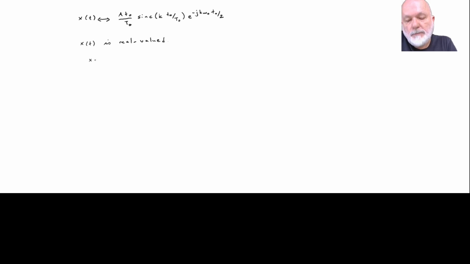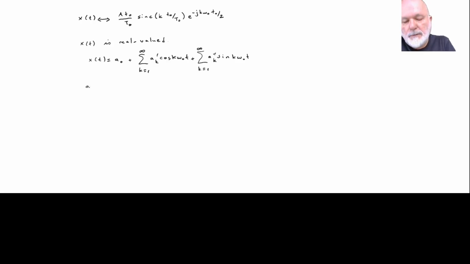So x of t is equal to a0 prime divided by 2 if you wish, plus the sum over k from 1 to infinity of ak prime cosine k omega 0 t plus the sum over k from 1 to infinity of ak double prime sine k omega 0 t.